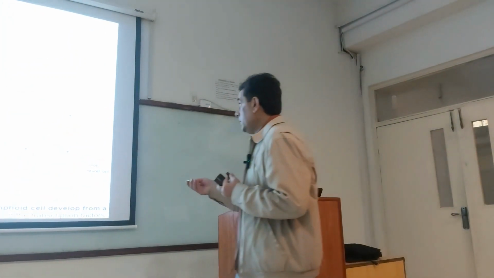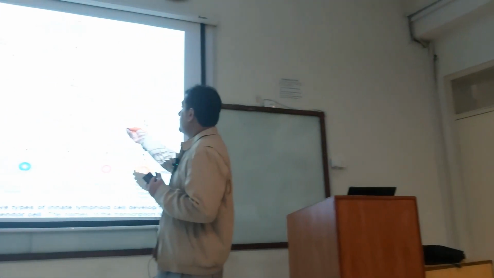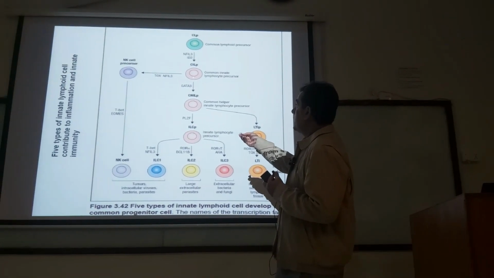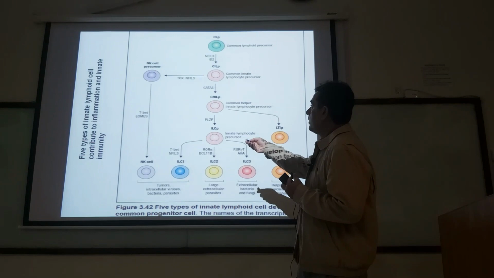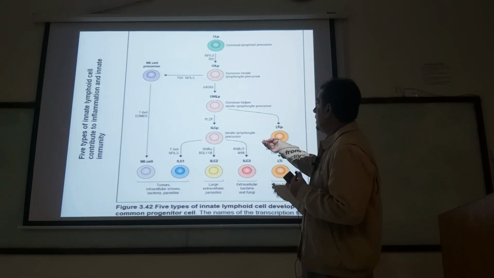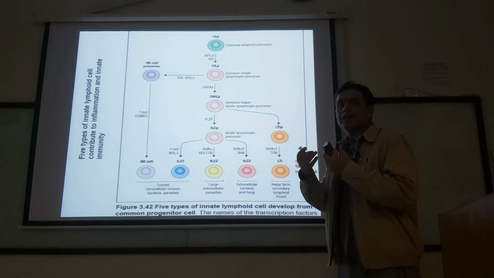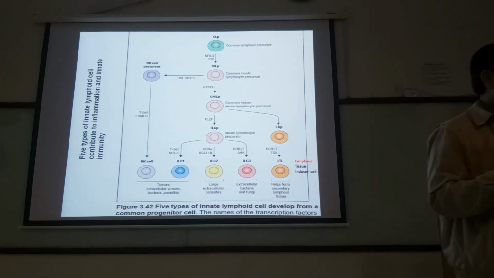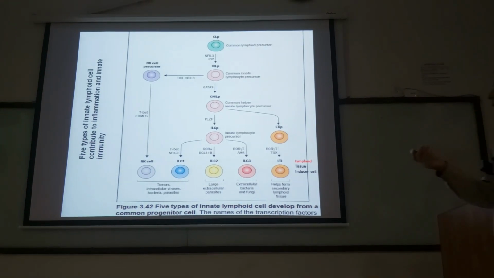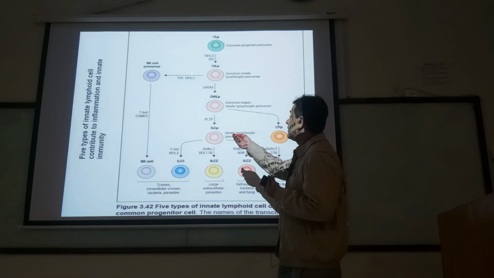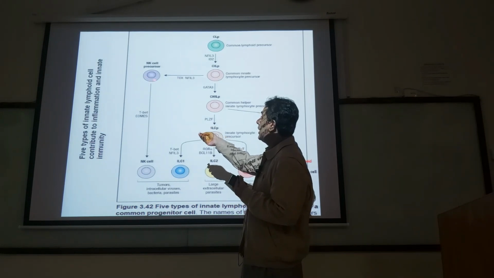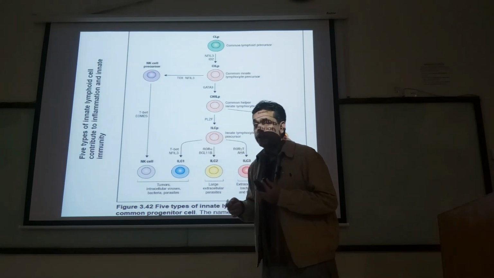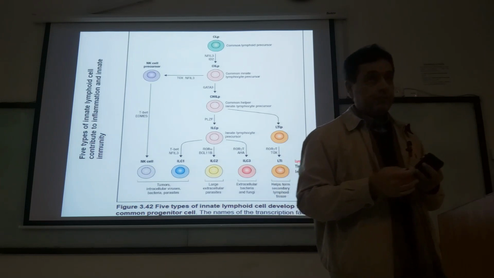So this CILP, again, you see that on the left side and down here is differentiating into 2 different populations of cells. On one hand, under the influence of transcription factor NFIL3 and TOX, it is going to give rise to a natural killer cell precursor.